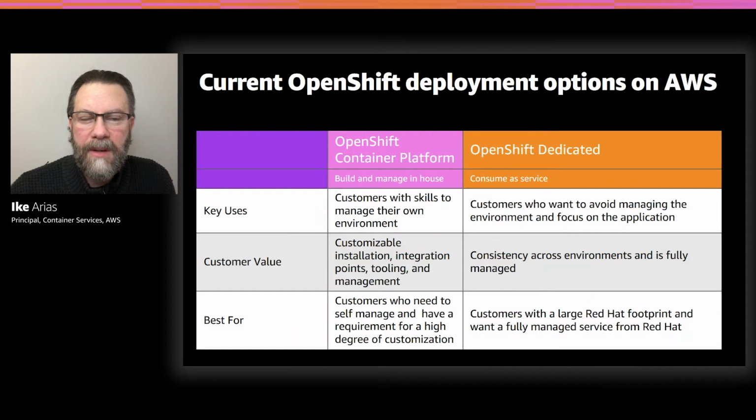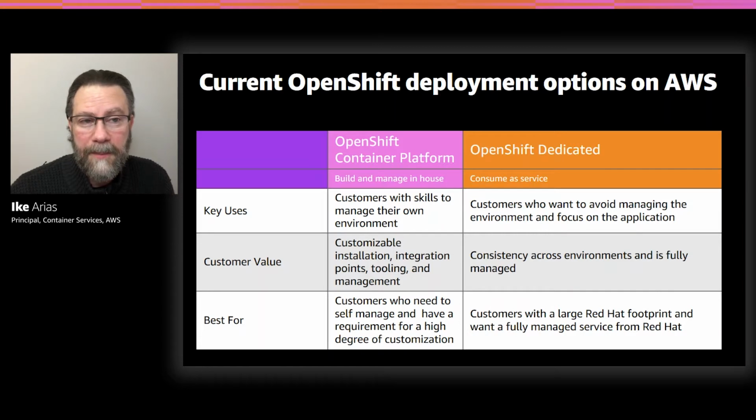As I mentioned, there are two main ways for customers to deploy OpenShift clusters on AWS today. The first one is self-managed, meaning that the customer is responsible for the configuration of the infrastructure and the environment, the installation of the platform, and the ongoing management of the system, including monitoring the health of all components, applying software updates, adjusting for capacity changes, and more.